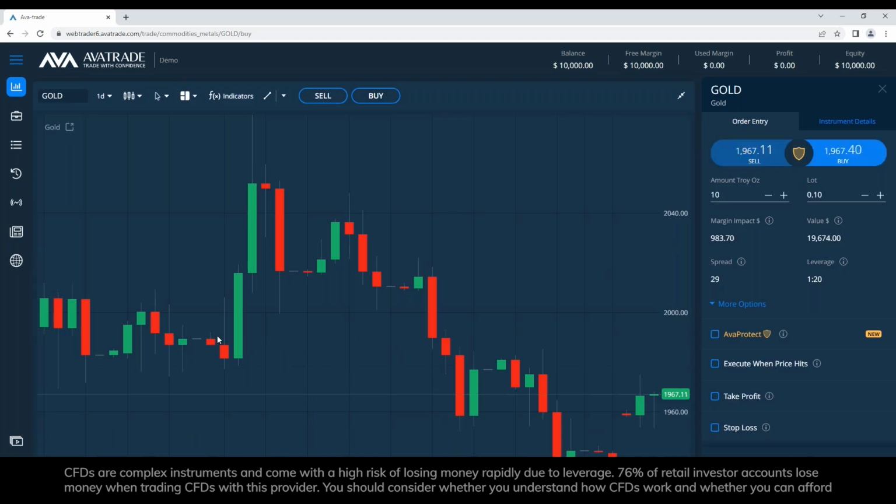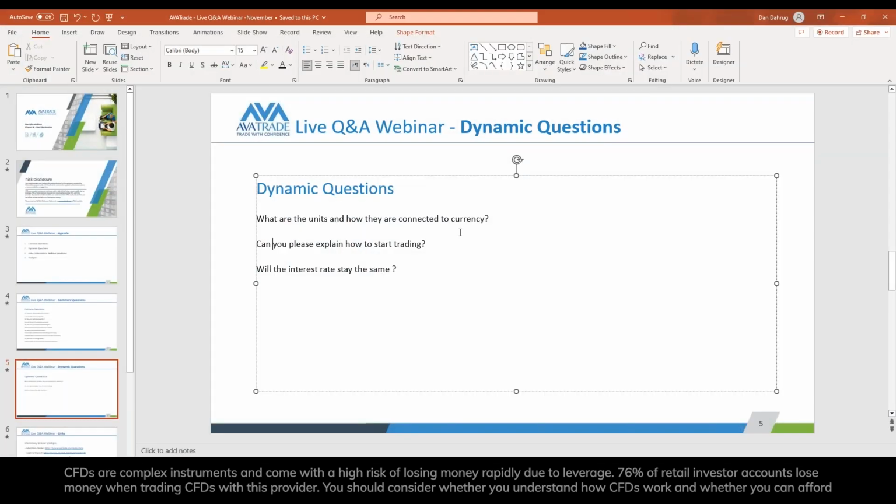But that's just in a nutshell how to start trading. I guess what you're really asking is what you should be doing. What you should be doing is make a plan, state goals, find a strategy.